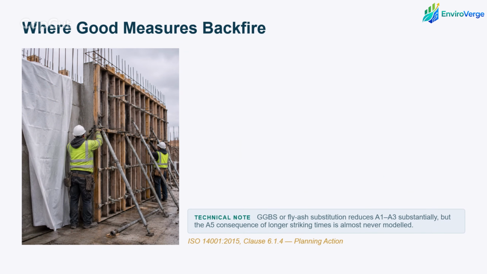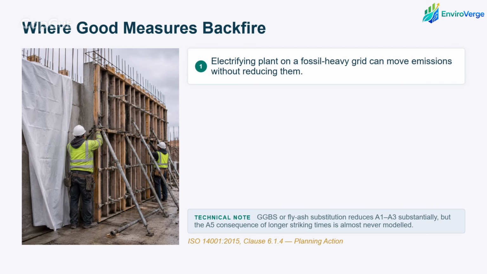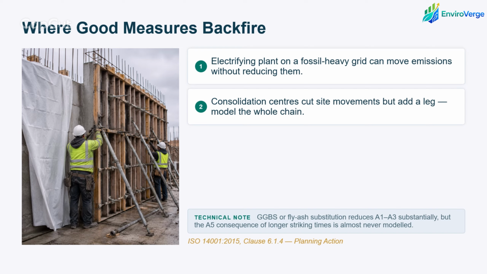And some good measures backfire. Electrifying plant on a fossil-heavy grid can move emissions without reducing them. Exactly the same problem we hit with temporary power. Consolidation centers cut movements on your site, but they add a leg to the journey. Model the whole chain, not just the part at your gate.